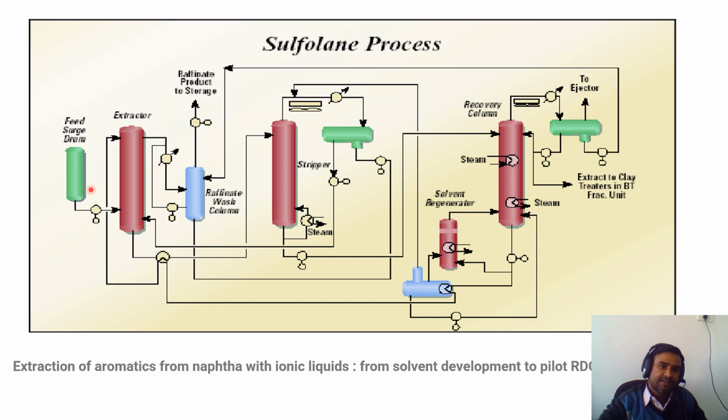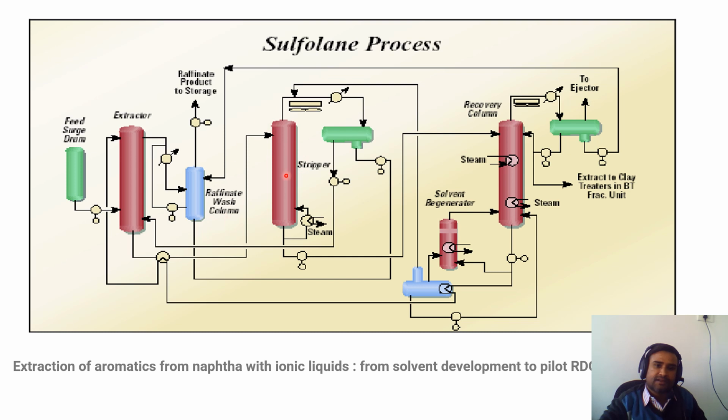Once this feed goes to an extractor unit, we mix in a solvent. After selection of a suitable solvent that has high affinity towards the aromatics, it is mixed in the extractor unit, and here the two phases are separated.